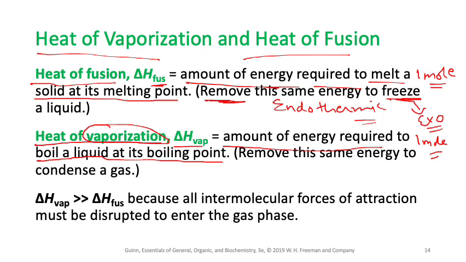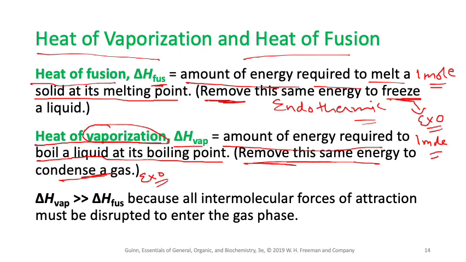Heat of vaporization is also an endothermic reaction because you are providing energy to convert a liquid to a gas phase. But when you convert a gas back to a liquid, you have to remove the same amount of energy, and this process we call condensation. Condensation is an exothermic reaction, the opposite of heat of vaporization.